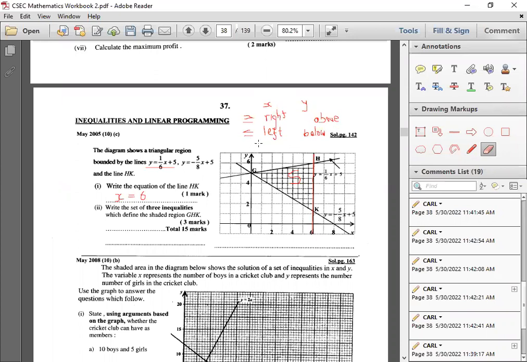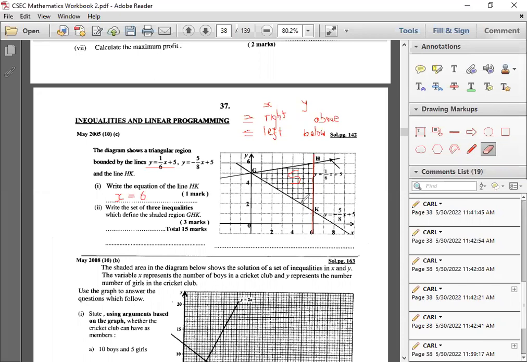For less than or equal to, it is to the left of the line, and for y, it would be below the line. So if below the line is shaded, then for the y it is going to be less than or equal to.